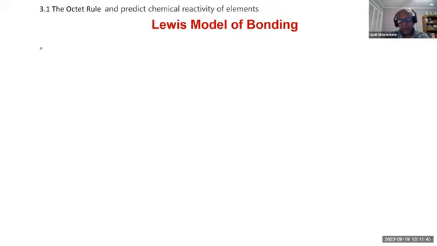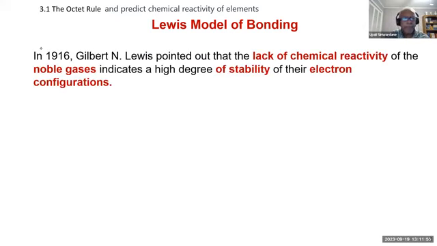Lewis came up with the idea for chemical reactivity. He proposed a model for bonding. He based this idea on noble gases, which lack chemical reactivity. They are stable. They have stable electronic configurations.